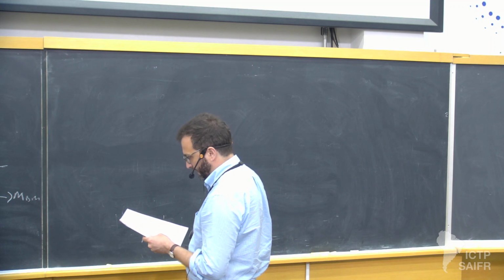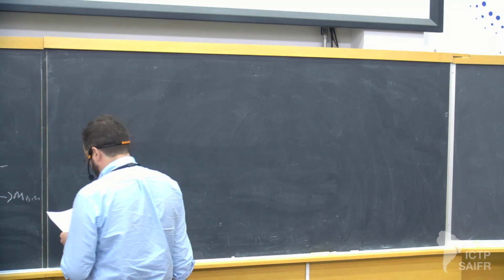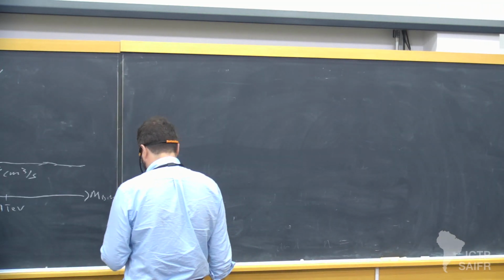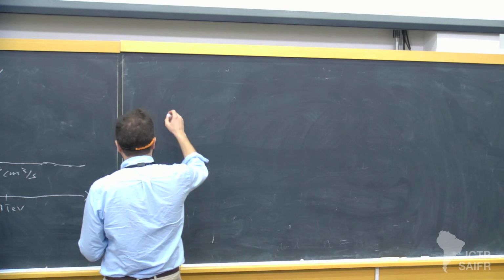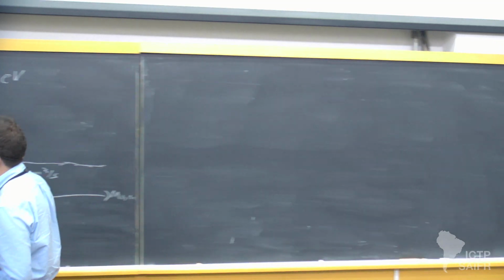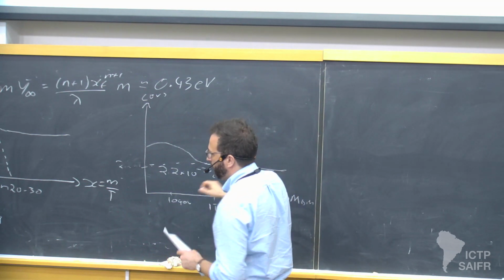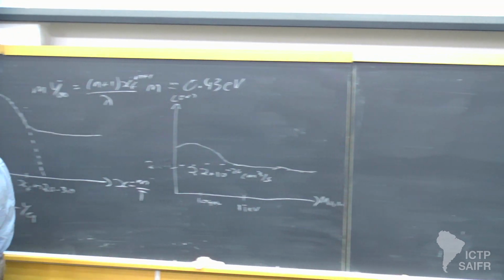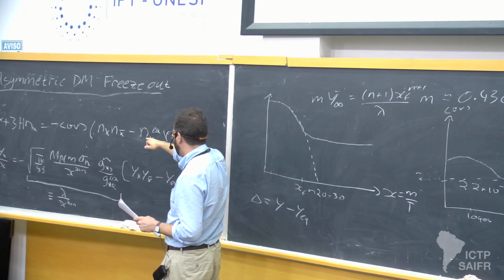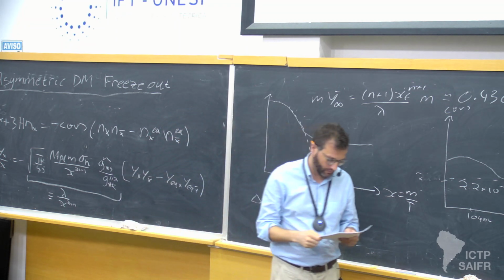Okay. So now let's introduce an asymmetry. From now on, I'll just rename our x as plus and x bar as minus, okay?